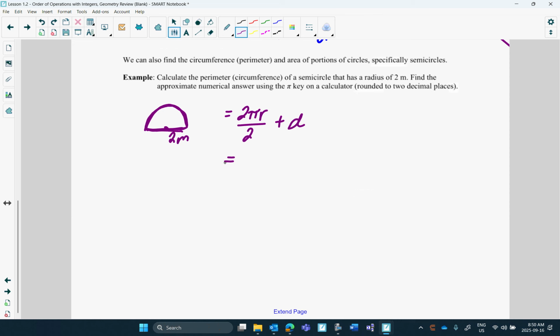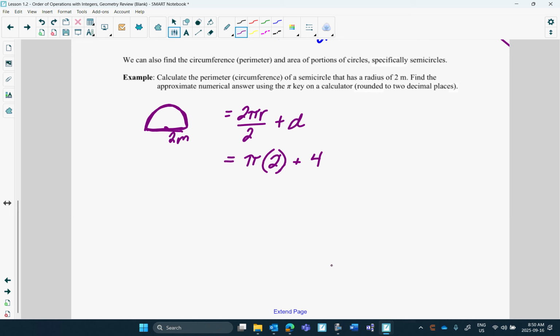So you could just do pi times the radius, which is, what's the radius? 4? Plus the diameter, which is 4. No, the radius is 2. Sorry, I'm mistaken.